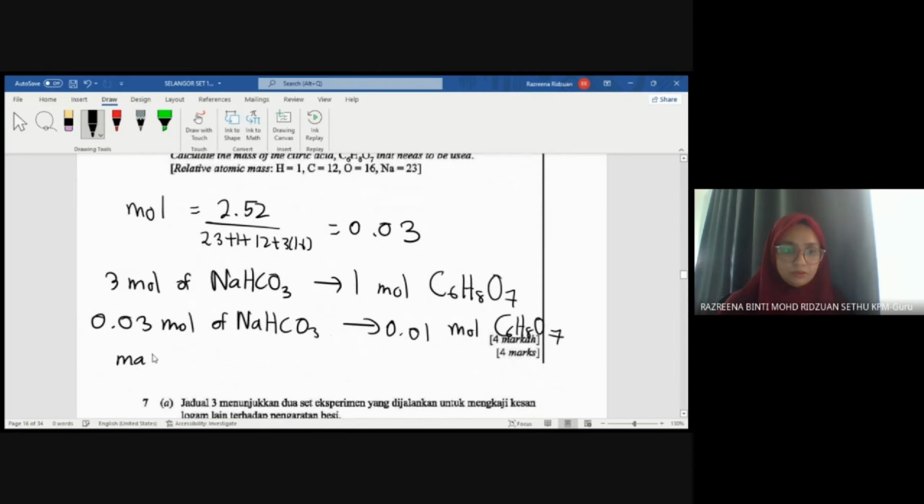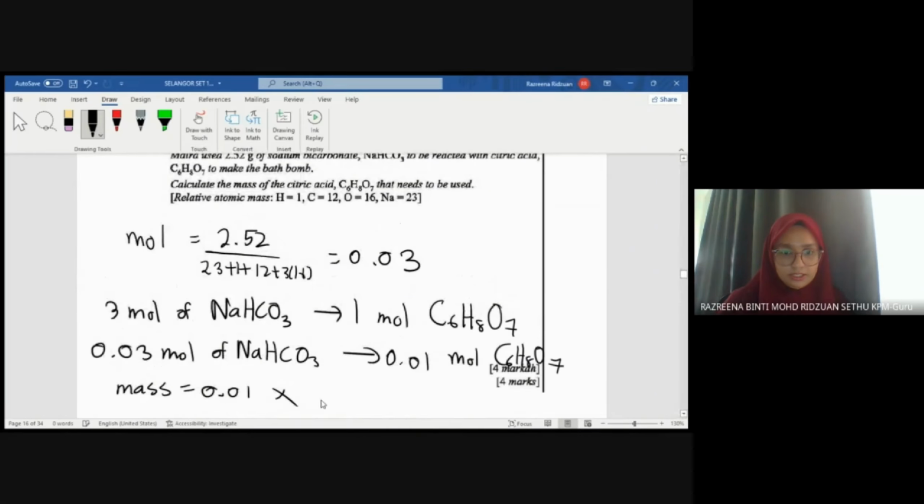Then finally you find the mass. So mass equals 0.01 times the RMM, 6 times 12 plus 8 times 1 plus 7 times 16, which is equivalent to 192.